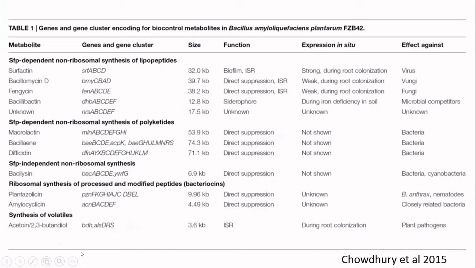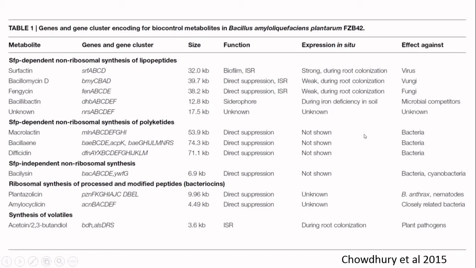Here these researchers have done extensive work, and it has been reported from this particular strain. As I told you, there are lipopeptides, and they have shown antiviral, antifungal, and also antibacterial activity, and also some of them have activity against anthrax and nematodes.